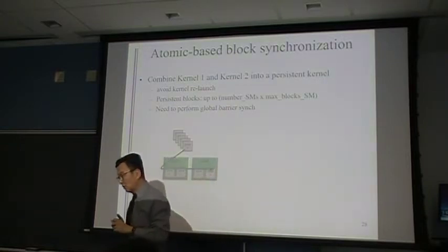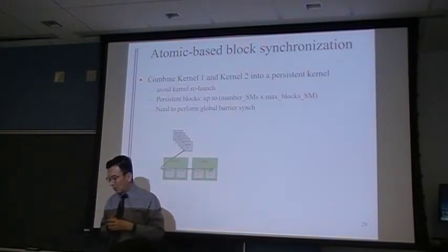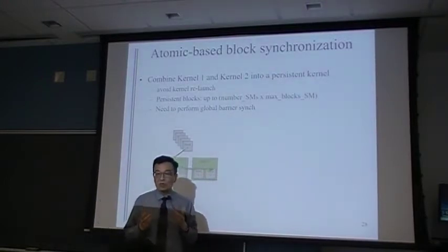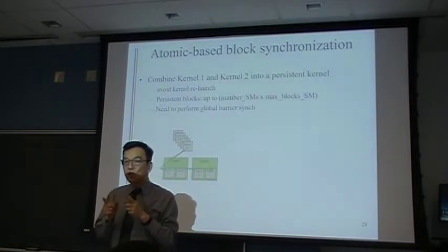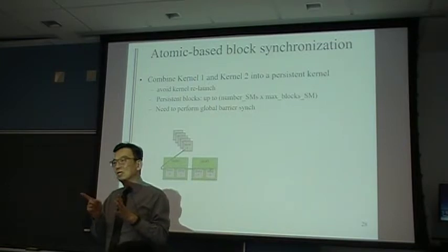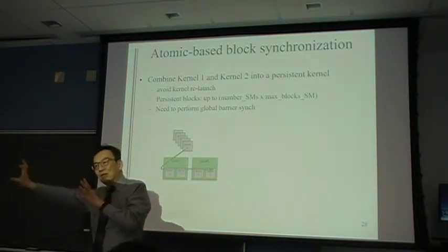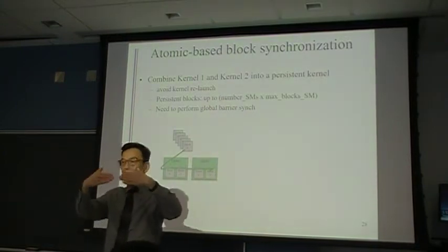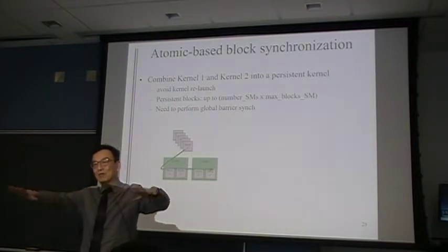This is one of the things you need to be careful about, because when you have a persistent kernel, you need to make sure that all the thread blocks are truly running on the SMs all the time. The reason is, if one of the thread blocks is not really running, and then you reach the barrier, everyone else is waiting on the barrier.